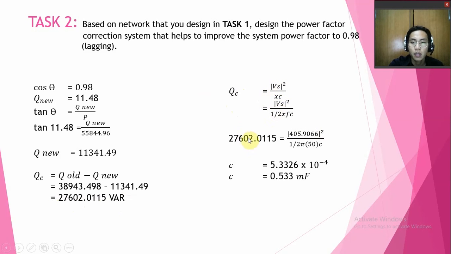So we can get the value of C here, which is 5.3326 times 10 to the power of negative 4, or in other words, the capacitor value is 0.533 millifarad. This is the value that our capacitor needs to achieve the power factor of 0.98 in the lagging condition.